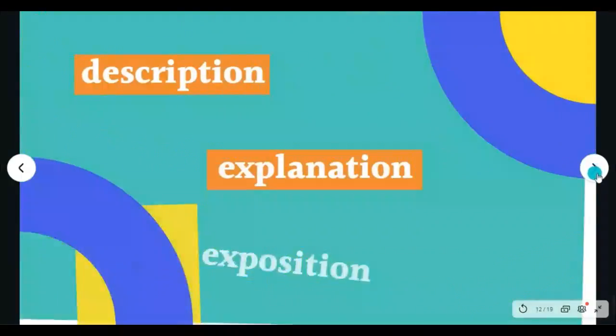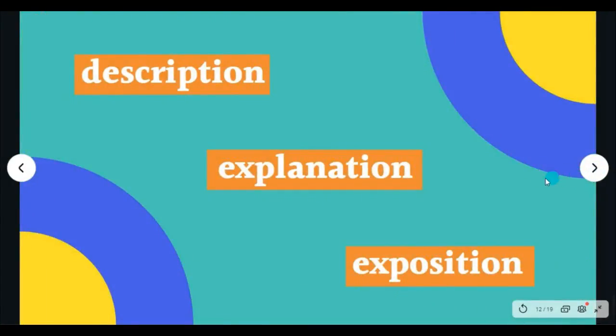But here the explanation will be limited to 3 genres, as they will be the focus of our lecture in the upcoming weeks. You are going to write these 3 genres: description, explanation, and exposition. So we will focus on these 3 genres.